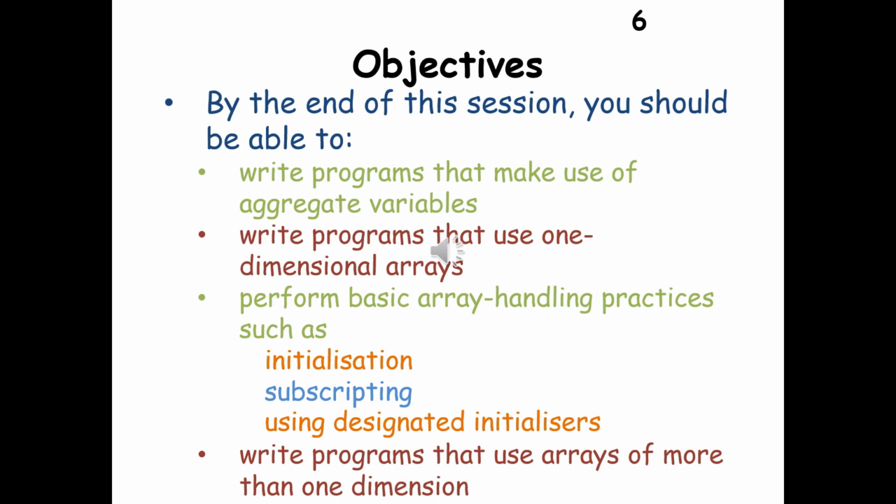Similarly, a one-dimensional array is like a row of boxes in programming, where each box holds a single piece of data. We'll learn how to initialize these arrays, which is like putting stuff into each box, and how to access specific items using something called subscripting, which is like labeling each box with numbers so you can find it easily.